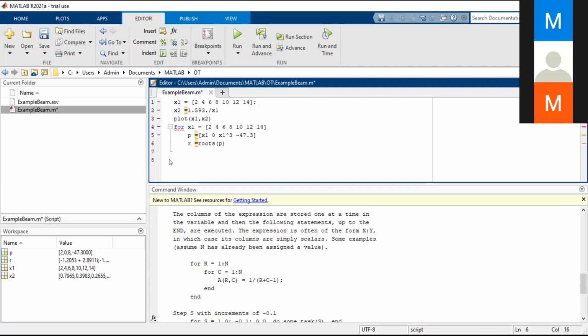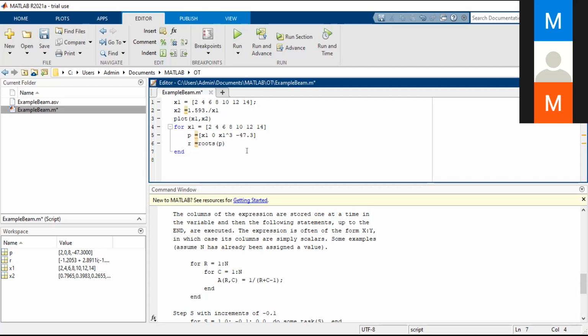And once you have completed everything, you have to write END. Okay, so this is the syntax. If you do not write this END, from the start of this for loop you continuously observe a red line below the for. But once you enter the END, that red line will disappear.